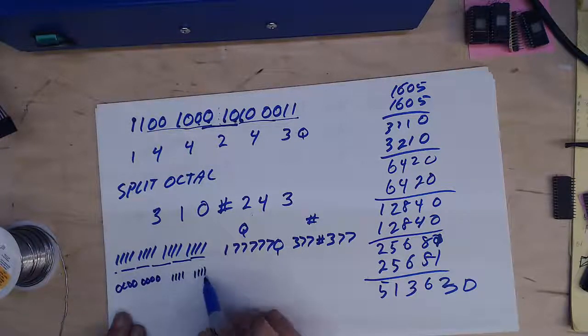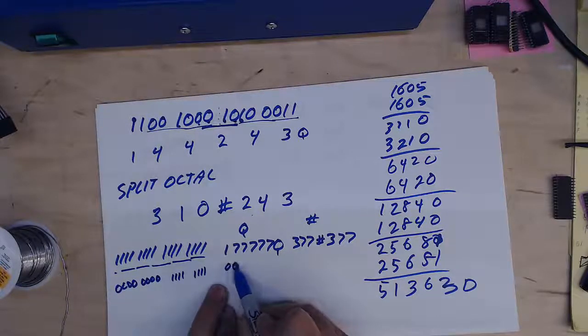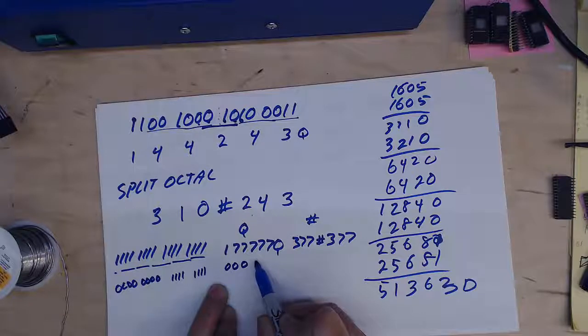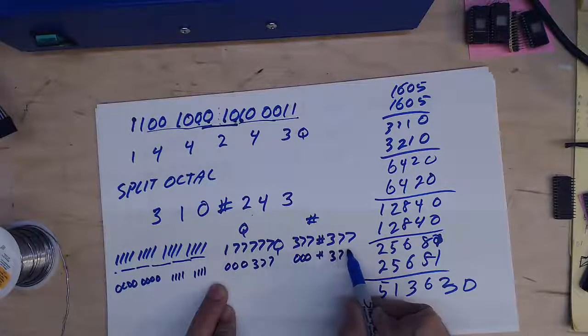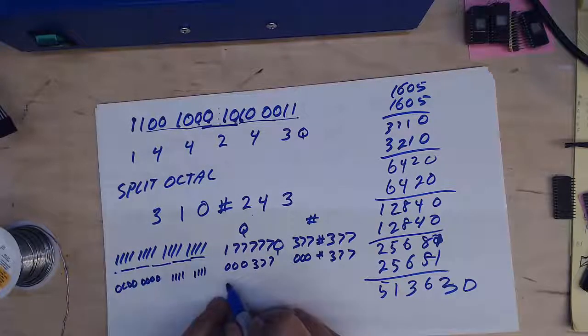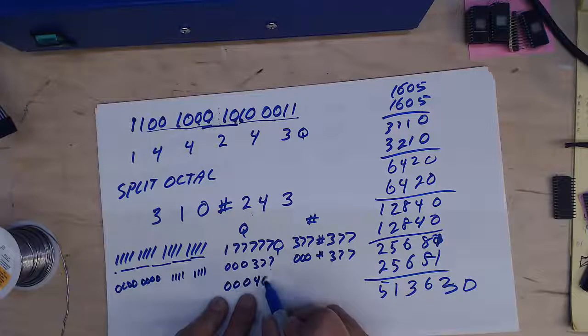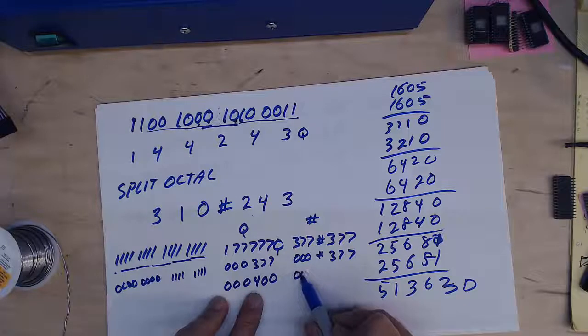So let's look at 0000, 0000, 1111, 1111. So in octal, this is 000, 377, and again here it's 000, 377. And now if we add 1 to each of those, in octal, this turns into 000400, where in split octal, this turns into 001000.